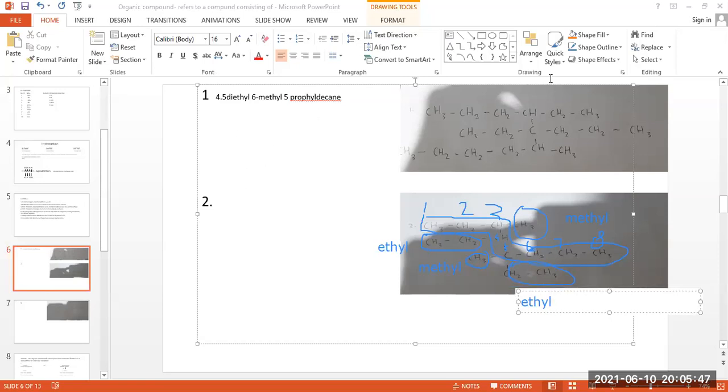Okay, now we start to name it. This has two methyl, so the name is dimethyl. 3,5-dimethyl. From the parent chain, number 3 and 5 have methyl, so we make it 3,5. And 4,6-diethyl.